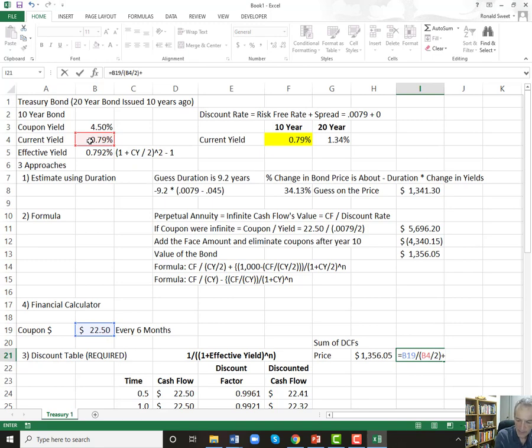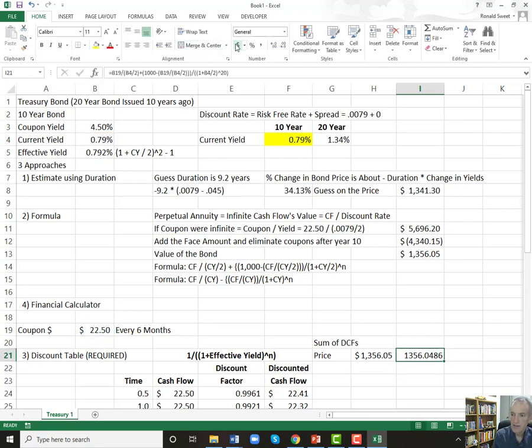We're then going to add $1,000 minus, and we'll put all that in again, B19 divided by B4 divided by 2, and take all of that and then one more parentheses, and divide that by 1 plus, again, our current yield divided by 2, raised to the 20th, not because it's 20 years, because it's 10 years, but we get coupons every 6 months.